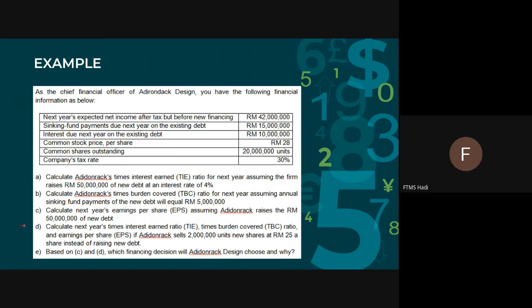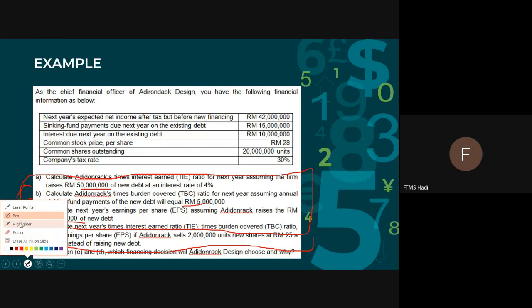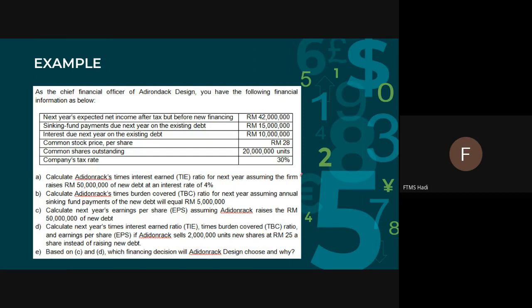This is one group of questions, and this is the second group. For question D, you cannot mix up the information with A, B, and C related to this 50 million, because this is a different option. Let me summarize the question. For questions A, B, and C, they are talking about option 1, if they want to add a 50 million loan.